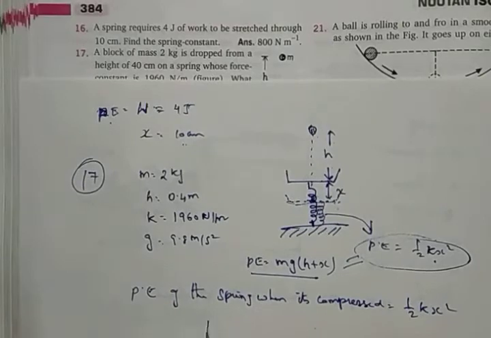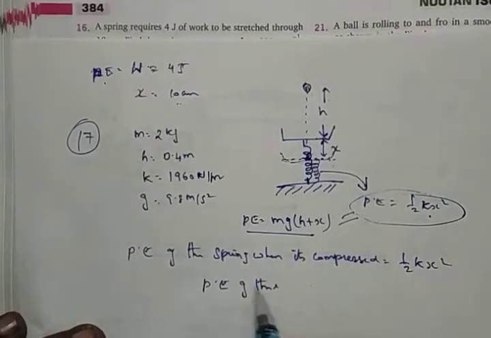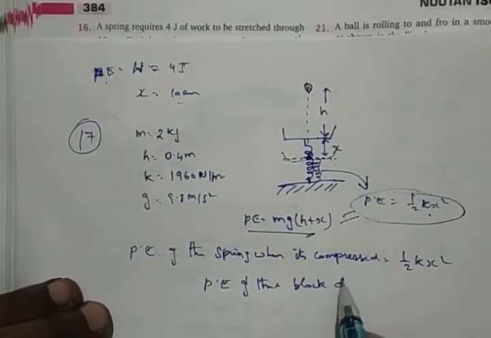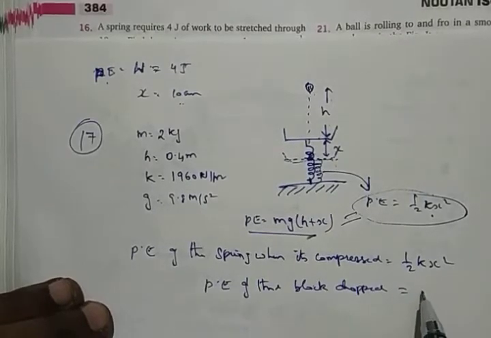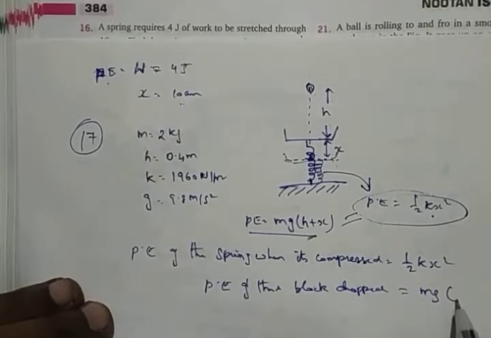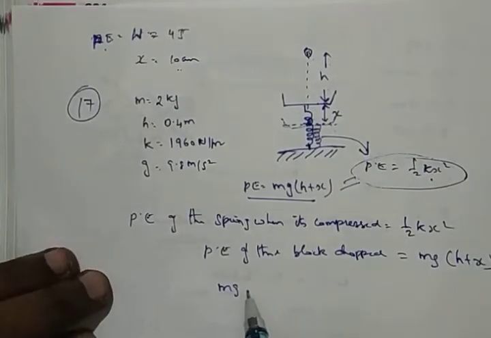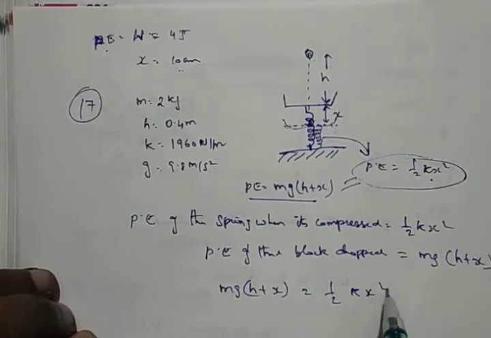The next one is the potential energy of the block dropped, what is that? Is equal to mg h plus x. So mg h plus x is equal to half k x square.